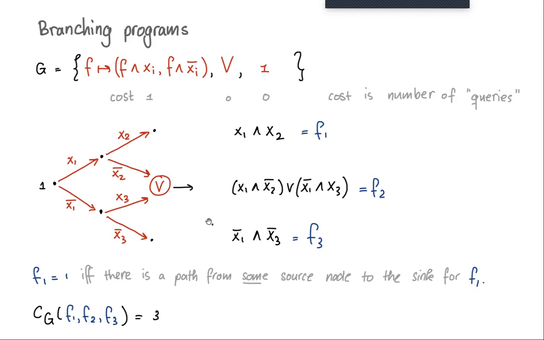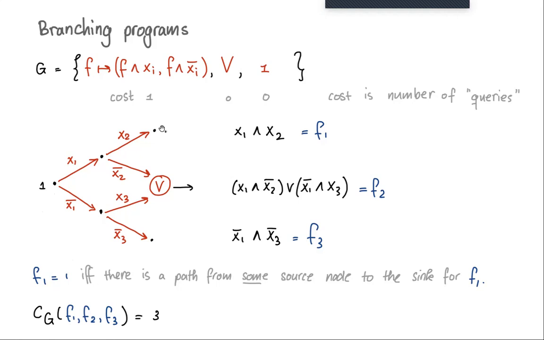And one way to interpret these kinds of circuits is that we compute f1, for example, as follows: f1 equals 1 if and only if there is a path from some source node. In this case, there's only one source node, but it could be multiple, from some source node to the sink node that's labeled f1.